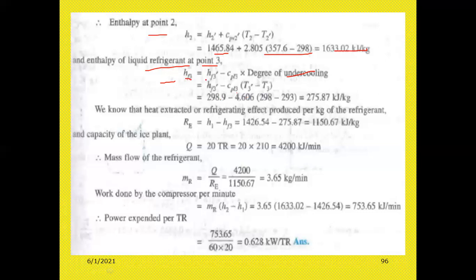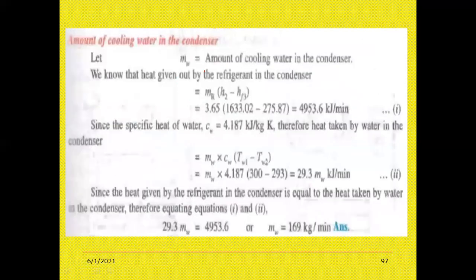H3 is equal to HF3 dash minus Cp into degree of undercooling. Therefore, 298.9 minus 4.606 into T3 dash minus T3 is equal to the value. Next, the amount of cooling within the condenser.